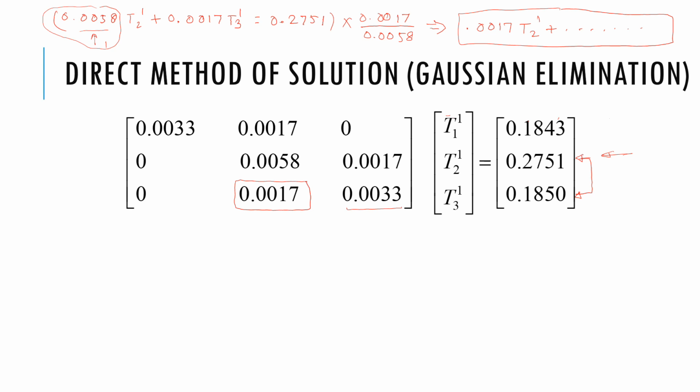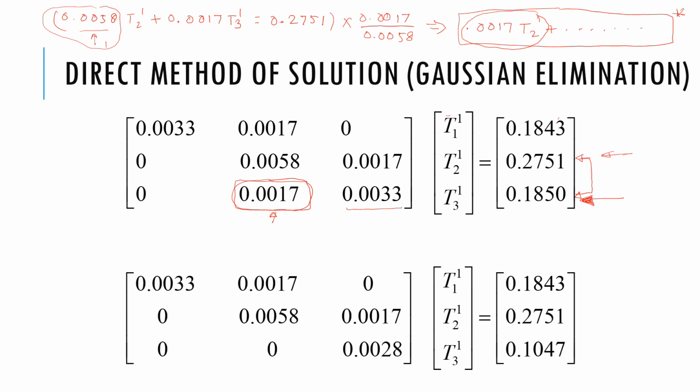And so I take this equation, I subtract that one from this equation. So you notice this equation has 0.0017 t21, and then this has 0.0017 t21. So this will become 0, and so we will get this matrix. So this is the 0 that we got.